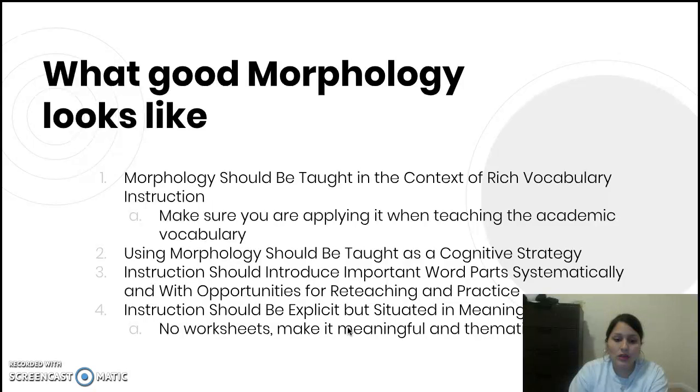For example, if we are talking about the word, or today we're going to celebrate this, well, let's look at it. Now if we change celebrate to celebration, what does that mean now? So you're taking it from one context to the other, and they're hearing it in different ways. So making it meaningful, and making sure that it can be manipulated.